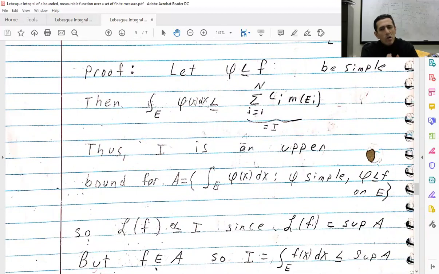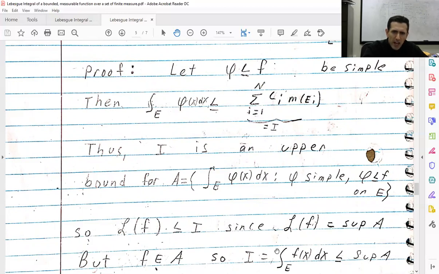Well, f is itself a simple function on E that is less than or equal to f, because f is a simple function and f is less than or equal to f. Okay, so I, which is again the old definition of the Lebesgue integral of the simple function.